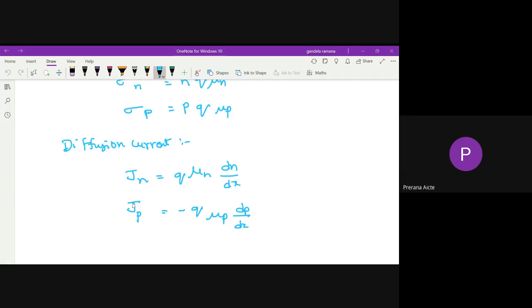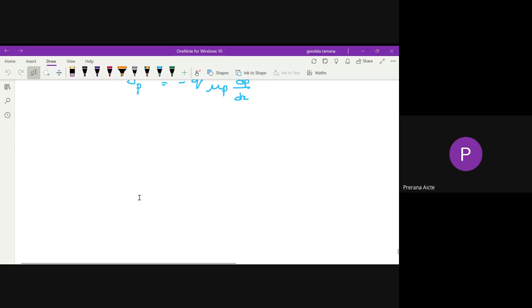So next one, Einstein relationship. Einstein gave a relationship between the diffusion constant and mobility, which are dependent. So Dp by mu p is equal to Dn by mu n, that is nothing but Vt, the volt equivalent of temperature.